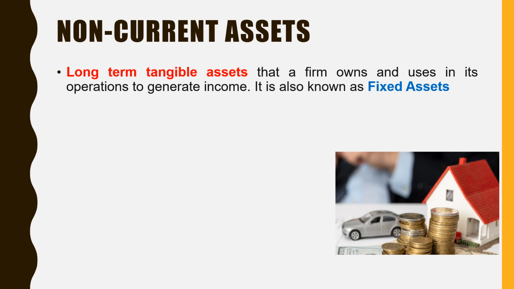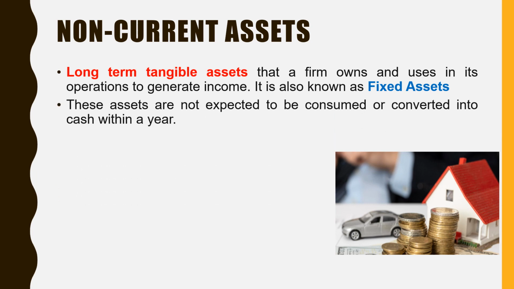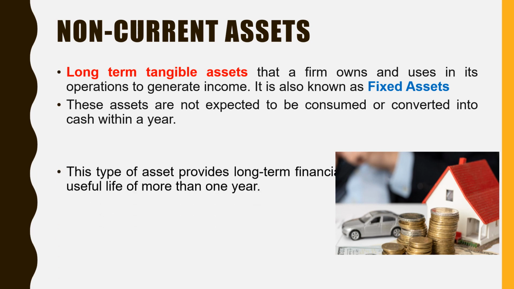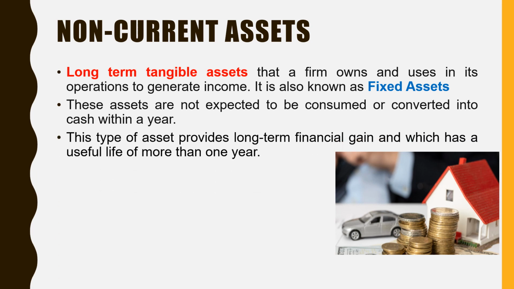Why? Because these are the assets which are used in order to generate more income in the business in the future. Because of that, these assets are not expected to be consumed or converted into cash within 1 year. This type of asset provides a long-term tangible benefit or financial gain, with a useful life of more than one accounting year.